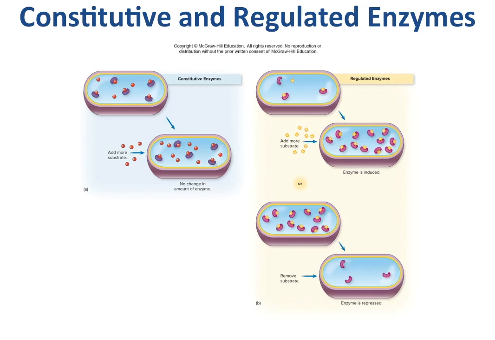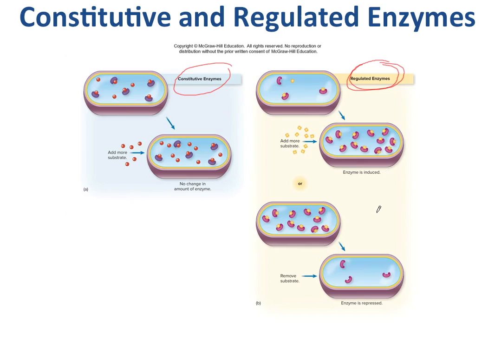As we can see in this diagram, we can divide the enzymes based on their functions. One is the constitutive enzyme, another is the regulated enzyme. Constitutive enzyme means the enzyme numbers are not changed during the chemical reaction. However, for the regulated enzyme, the number can be increased or decreased based on the chemical reactions.